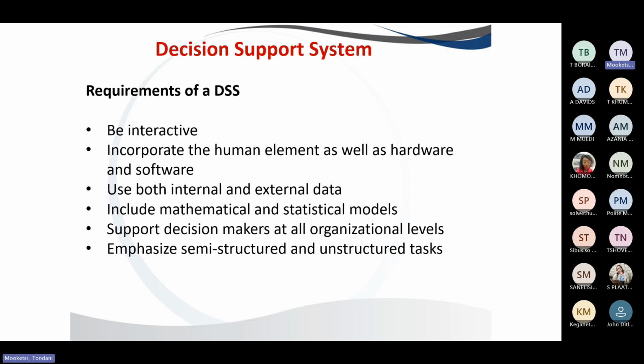So you can go read more about that, but the section about decision support systems is 12.2. It explains what a decision support system is, and then you can go read details about that.